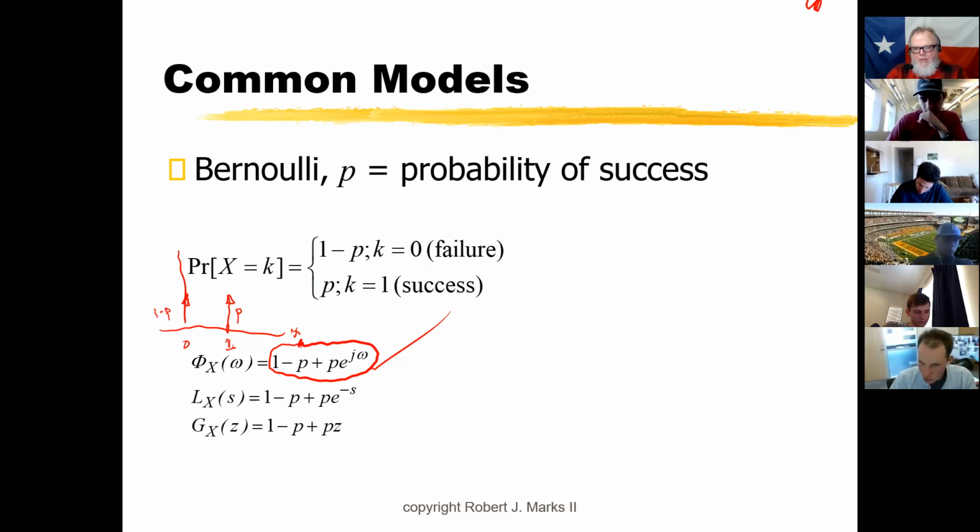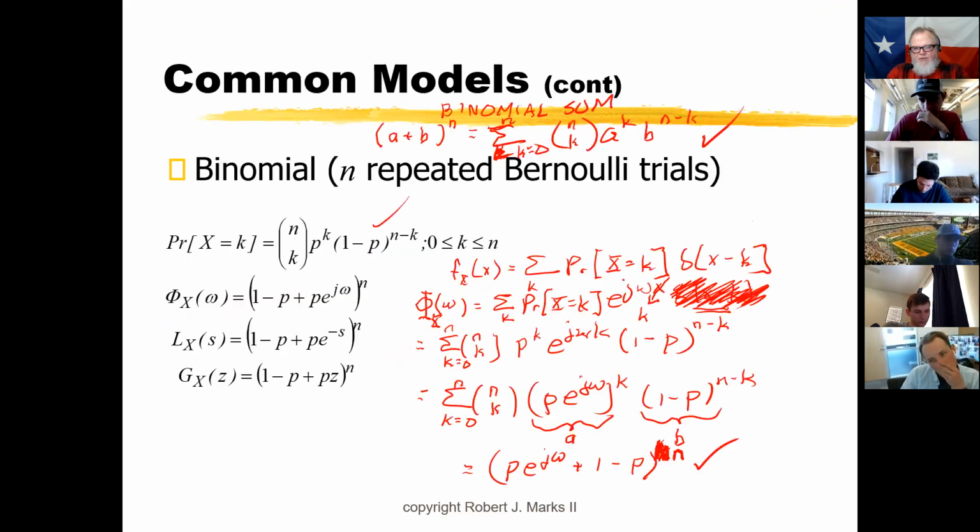Now, keep that in your mind. Well, I'll actually write it down. So it was 1 minus P plus P e to the j omega. That was the characteristic function for the Bernoulli trial.